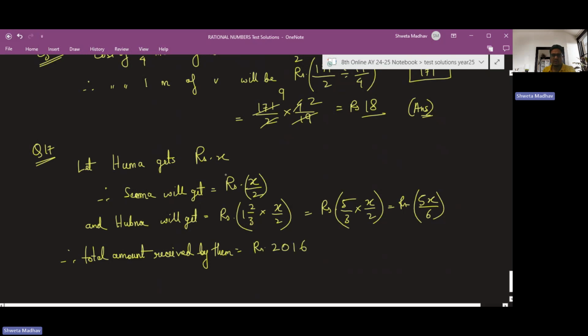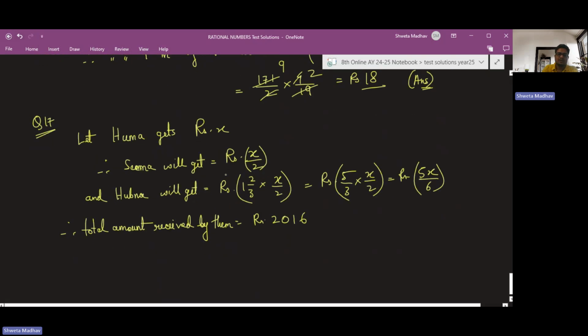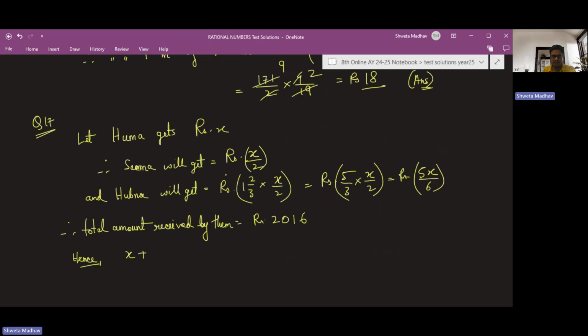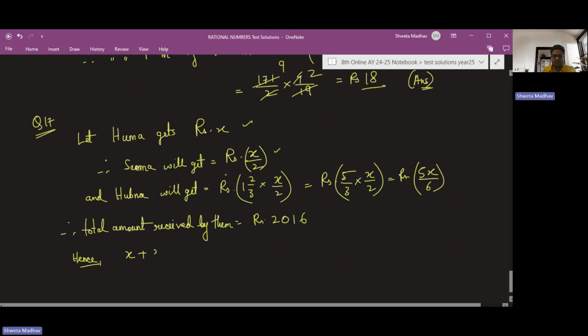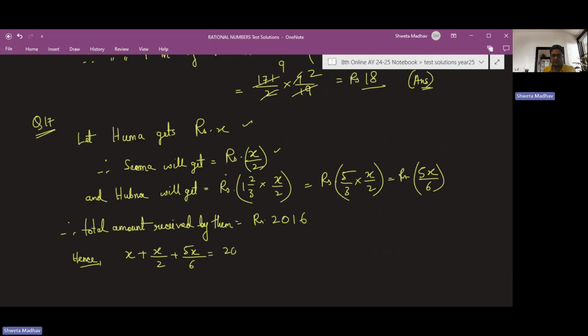So according to the question, the sum of their shares will be 2016. So this will be X plus X by 2 plus 5X by 6, that is equal to 2016.